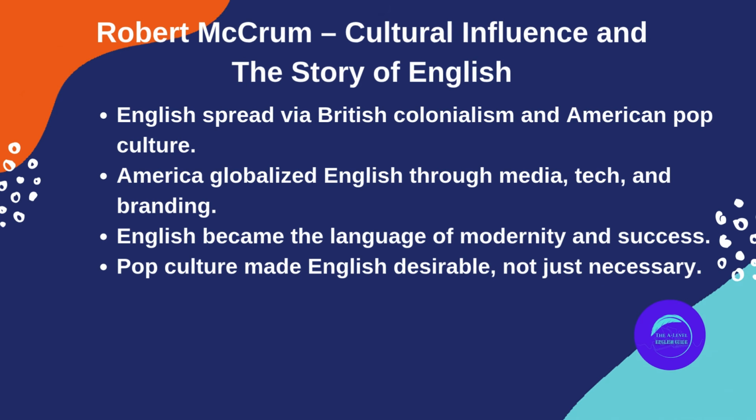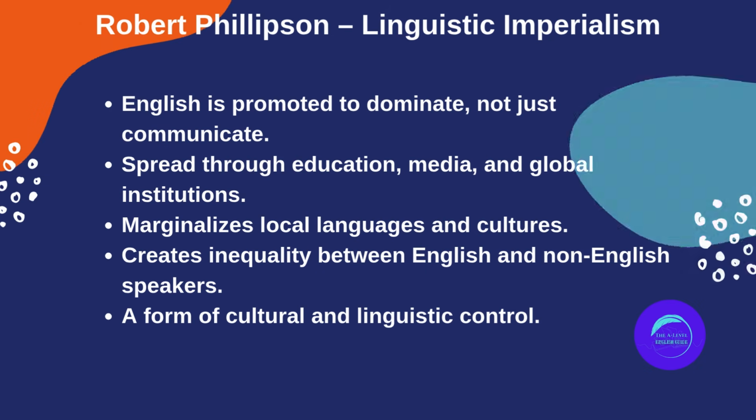Through Hollywood, television, advertising, and pop music, English became associated with modernity, glamour, and global culture. McCrum's work highlights how global audiences internalised English, not because they were forced, but because they desired access to its symbolic capital.